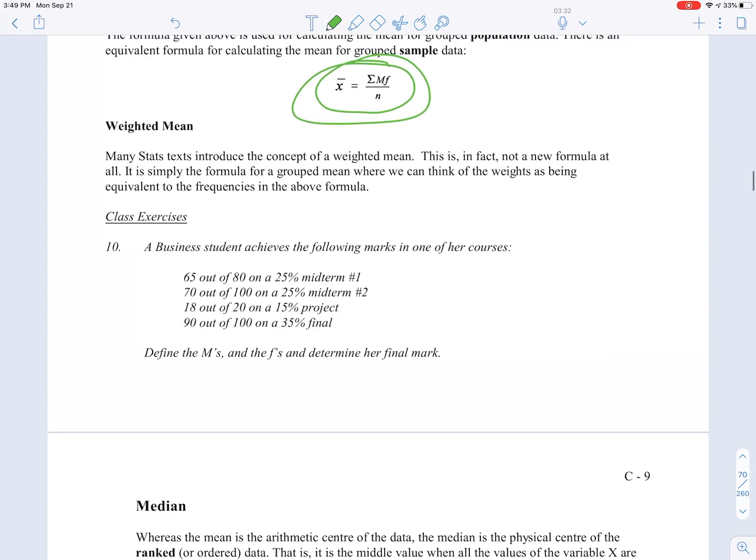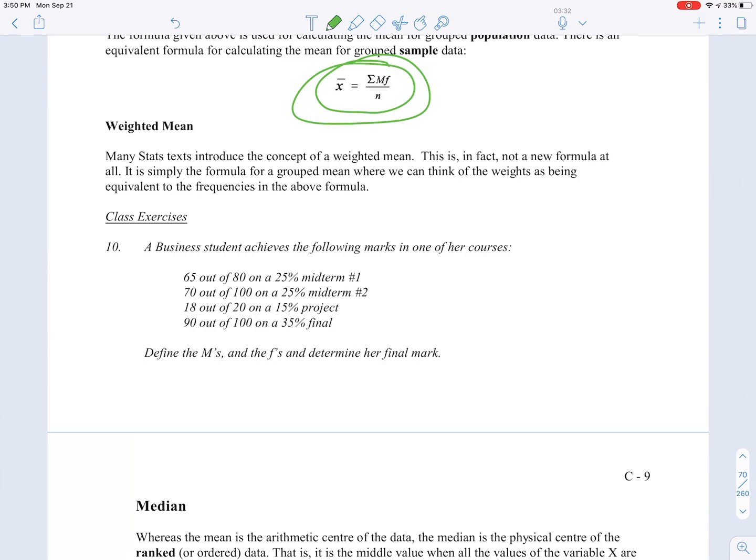Now, take a look at this last one down here, which is the weighted mean. The point in this is to say that actually you've been calculating weighted means probably for years. So if somebody asks you how well you are doing in a class, what you're calculating is a weighted mean. So let me show you how this works in terms of the marks here.